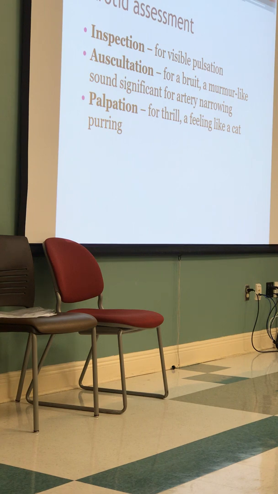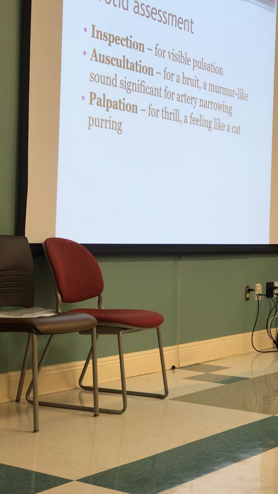Let me ask you a question now. So I'm listening at the aortic valve, and I hear a murmur. And then I palpate over where the aortic valve should be, and I feel a thrill. Does that increase my murmur scoring? Yes.